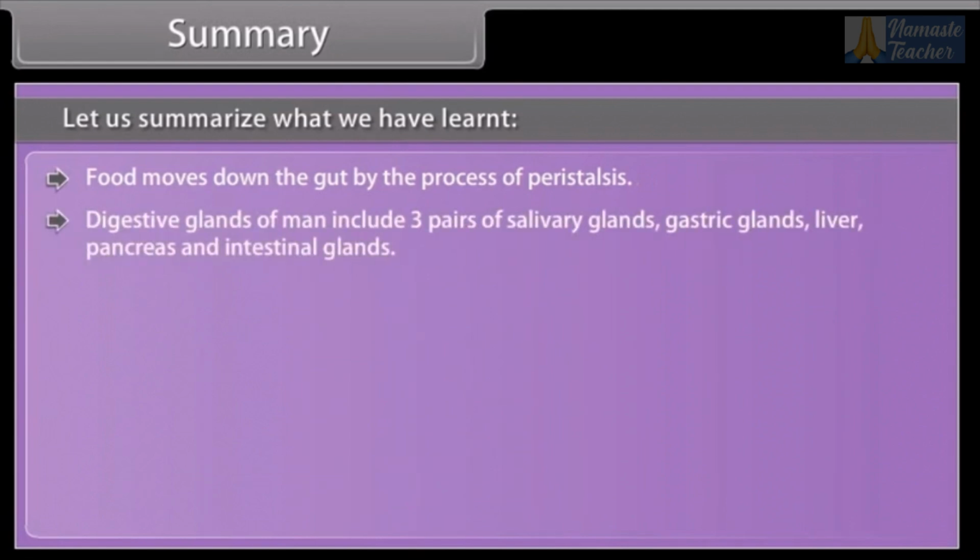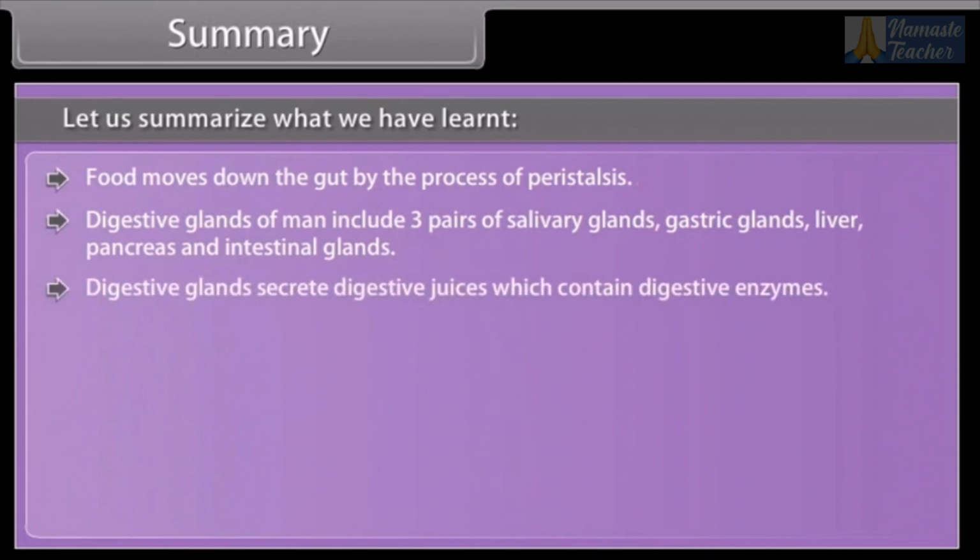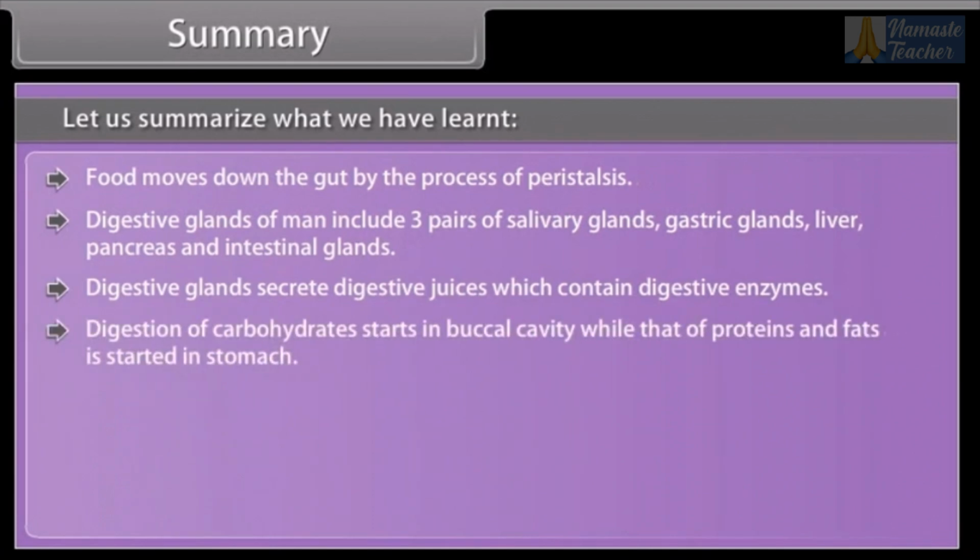Digestive glands of man include 3 pairs of salivary glands, gastric glands, liver, pancreas, and intestinal glands. Digestive glands secrete digestive juices which contain digestive enzymes. Digestion of carbohydrates starts in buccal cavity, while that of proteins and fats is started in stomach.